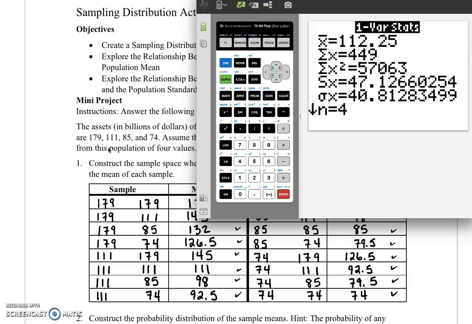Remember, X bar is our mean, and we're treating these 4 values as a population. So normally we pick SX because we have a sample, but this time we have a whole population.